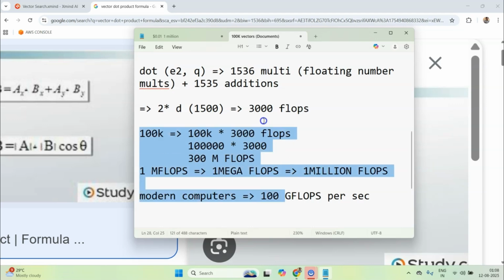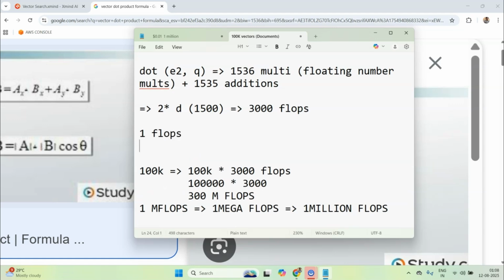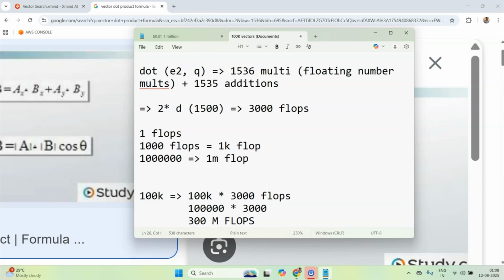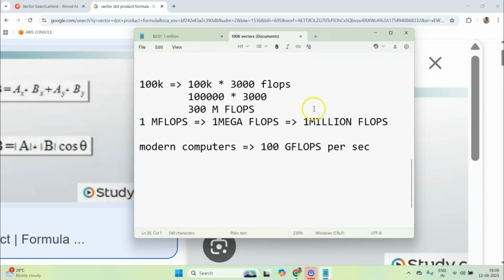One flop is one floating point operation. 1000 flops can be written as 1k flop, and 1 million flops can be understood as 1 M flop, and similar to this, it can continue up to 1 teraflop, 1 petaflop. So a modern computer can do 100 G flops per second.